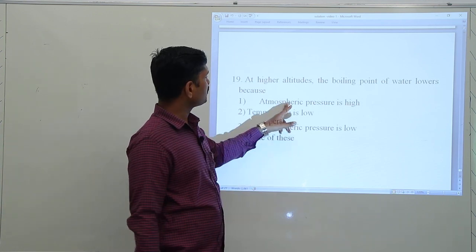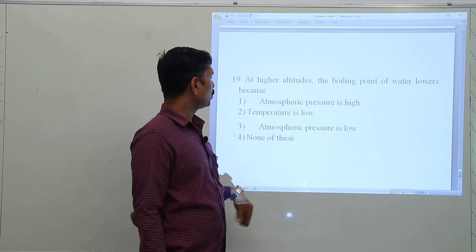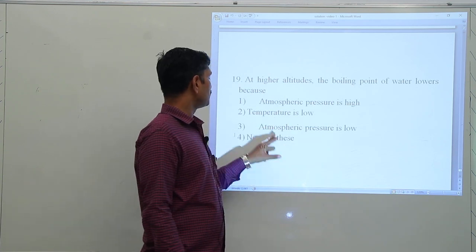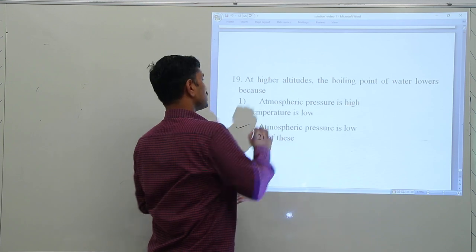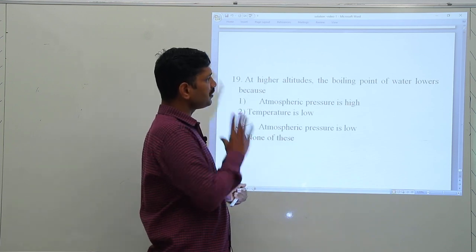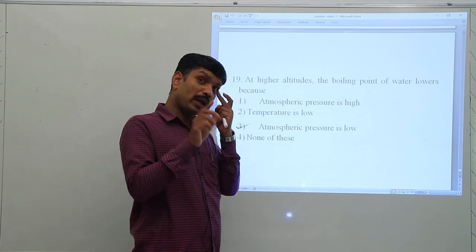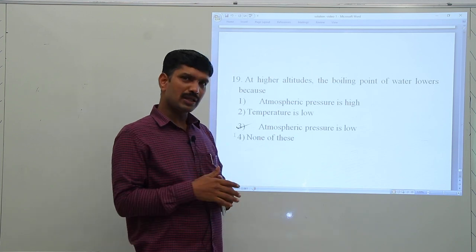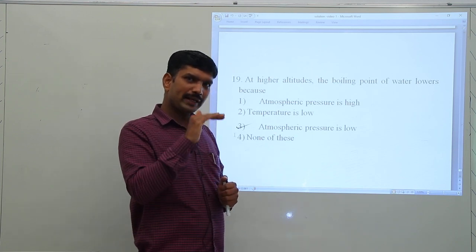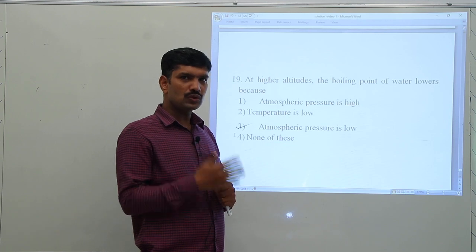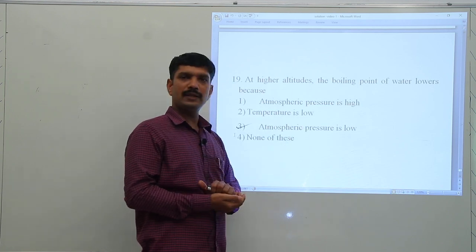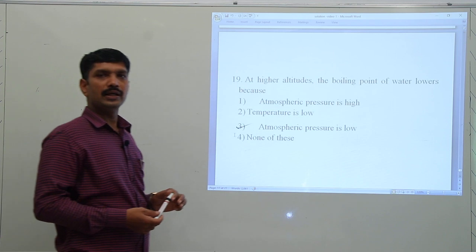So the third option, atmosphere pressure is low. Boiling point is the temperature at which vapor pressure becomes equal to atmosphere pressure. Atmosphere pressure being low means automatically the boiling point of the solvent is also low. That's why the third option is correct.